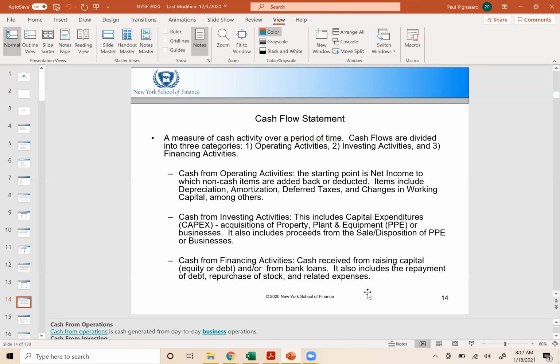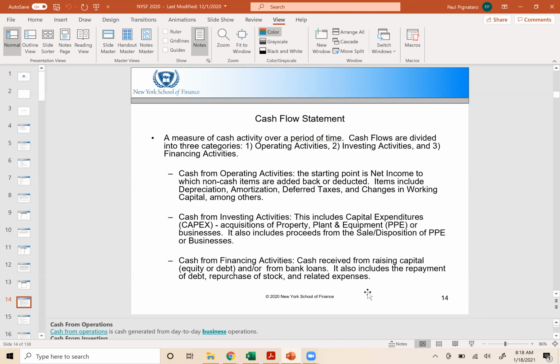It can also include other investing activities like investing in stocks, buying and selling other businesses. That's cash from investing activities. Then you have cash from financing activities: raising debt, buying back debt, raising equity, buying back equity, paying out your dividends. Those are all examples of cash from financing activities.